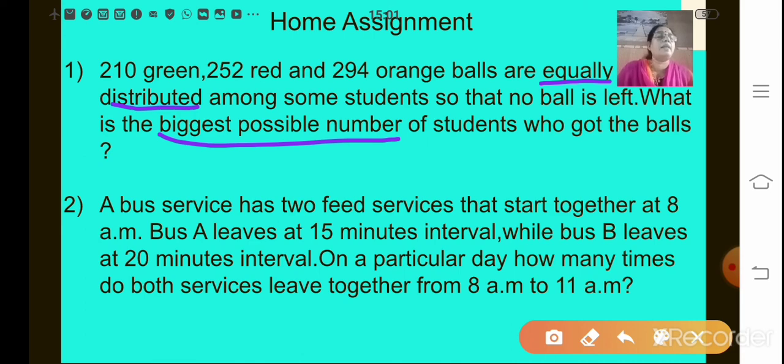So multiples are occurring. So what type of question is this? This is an LCM type of question where you have to find the LCM of 15 and 20 and find out how many times the bus services leave together from 8 a.m. to 11 a.m. So this home assignment is to be done in your homework part.